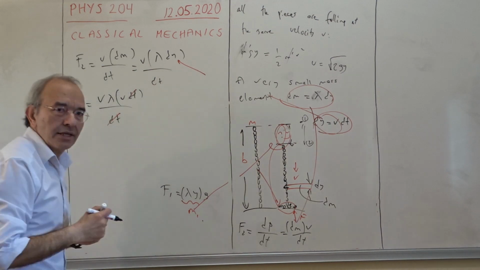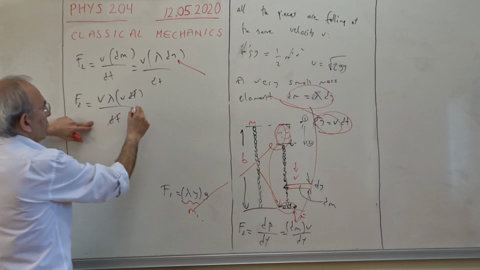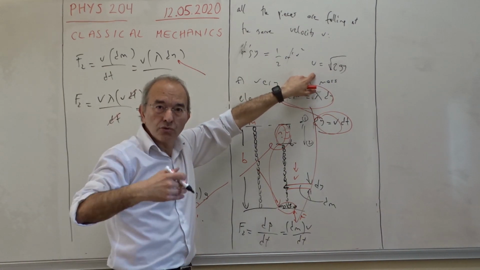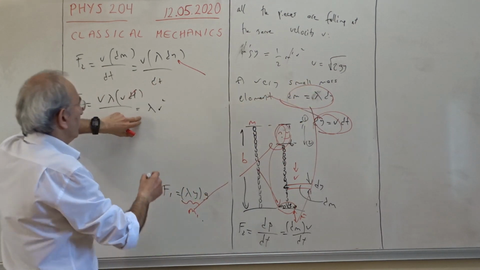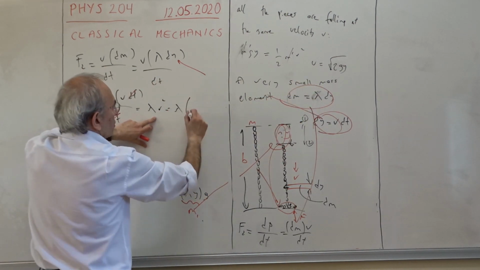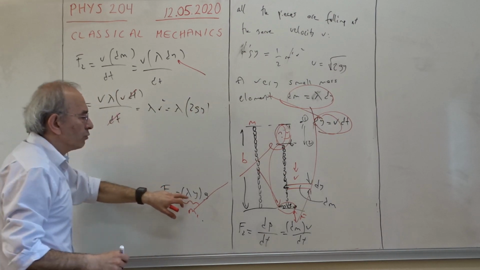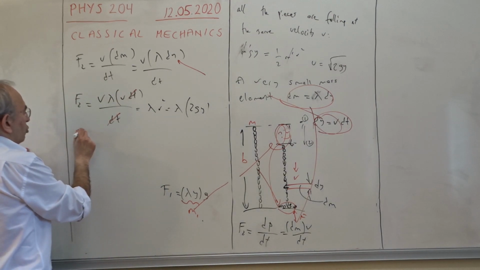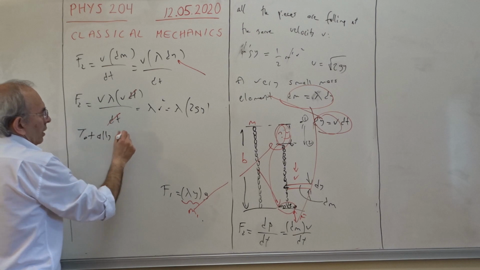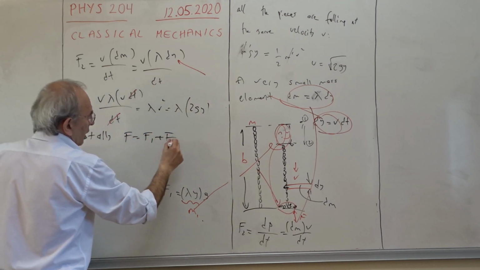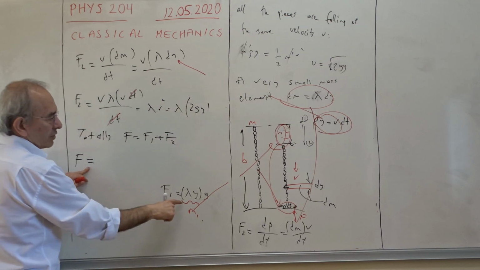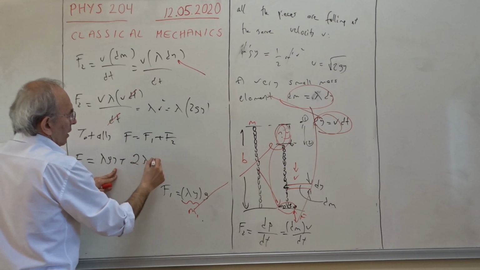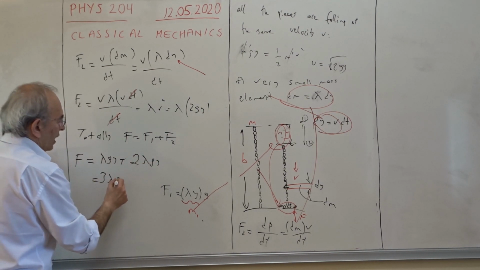After cancellation of the dt's, we have lambda times v squared. But v squared was already found as 2gy, so it is simply lambda times 2gy. There is one lambda gy, plus 2 lambda gy. Totally, F is equal to F1 plus F2, and F1 is just lambda gy, the other is 2 times lambda gy. So it is totally 3 times lambda gy.